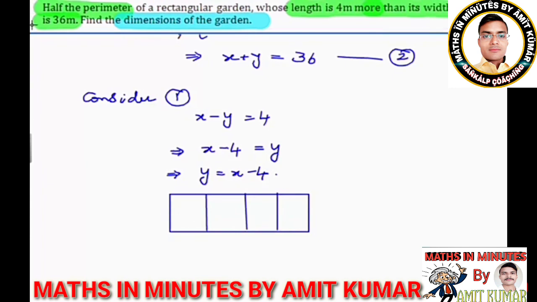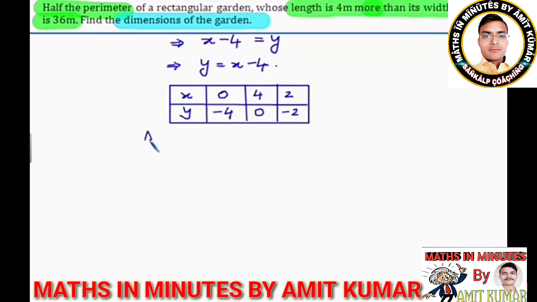Putting x is equal to 0, then y will be minus 4. Putting x is equal to 4, y is equal to 0. Putting x is equal to 2, then y will be minus 2. The coordinates are 0 comma minus 4, 4 comma 0 and 2 comma minus 2.